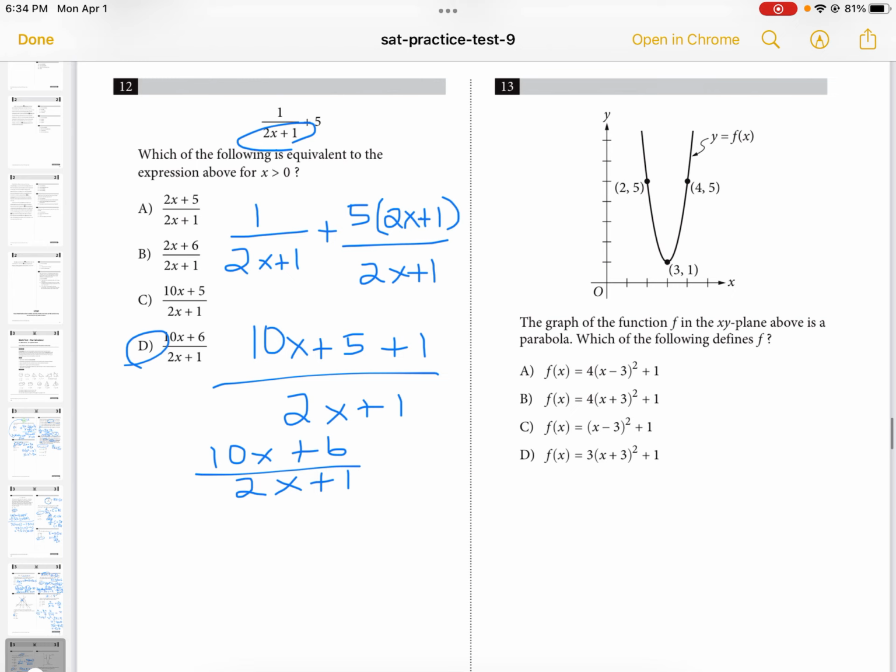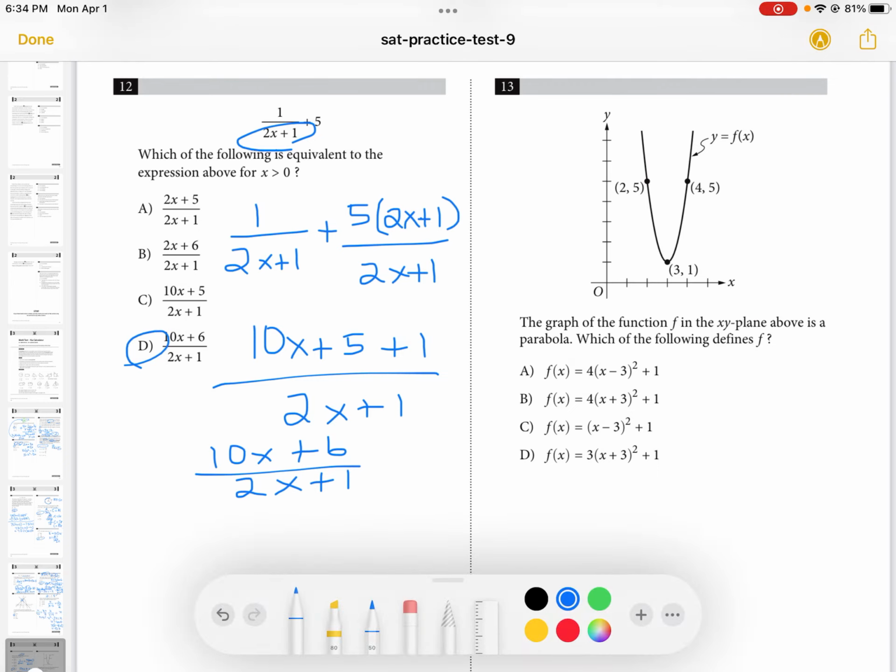Number 13. Alright. The graph of the function f in the xy plane above is a parabola. Which of the following defines f? So the vertex form of a quadratic function is y equals a times x minus h squared plus k, where h, k is the vertex.